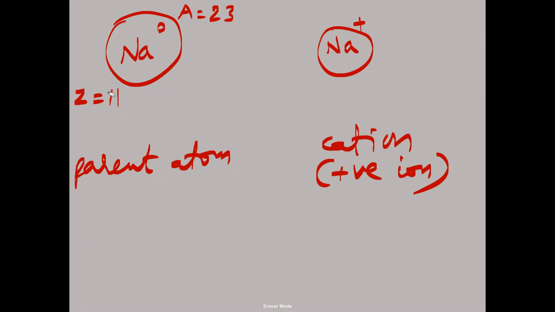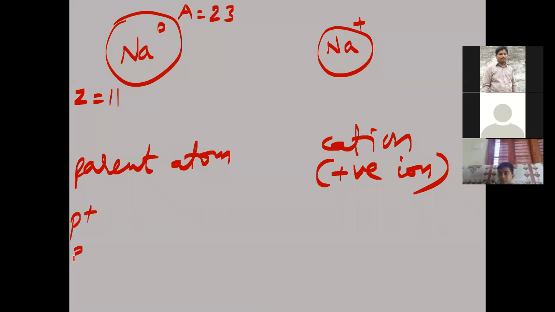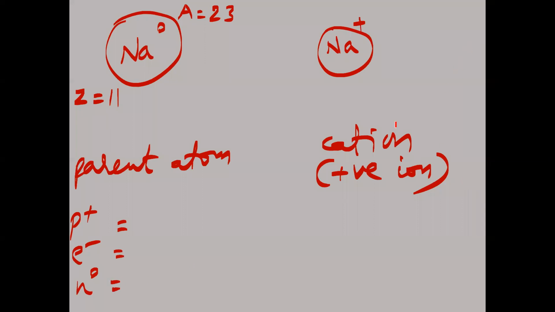Atomic number is equal to the number of protons, and mass number is equal to protons plus neutrons. Now what is the number of neutrons here? We take the protons number, electrons number, and neutrons in the neutral atom and in the cation.